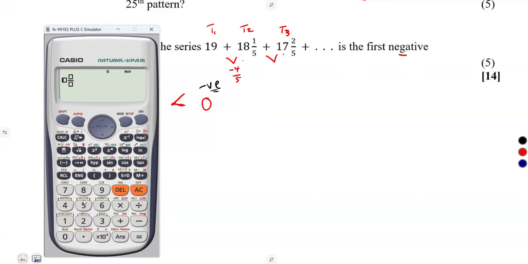Let me just redo it. 17 and 2 over 5 minus 18 and 1 over 5. This is going to give us negative 4 over 5.